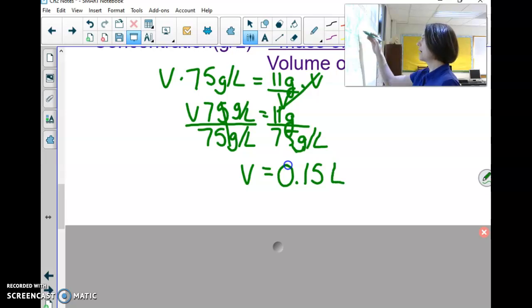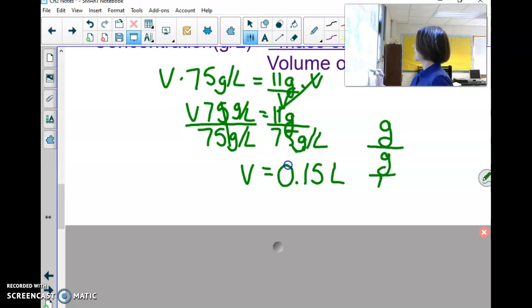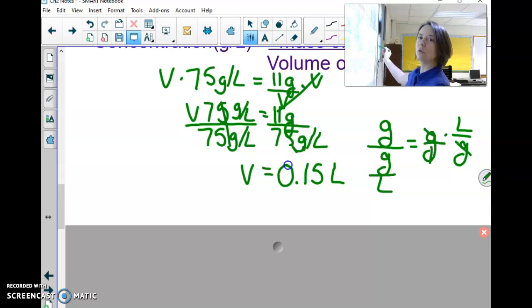However, how do we know that? We got grams over liter. Well, if we're dividing by a fraction, that's the same as multiplying by its reciprocal. And then that could be over 1, the grams cancel, and I'm left with L, liters.